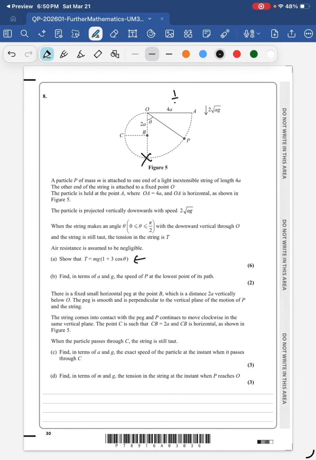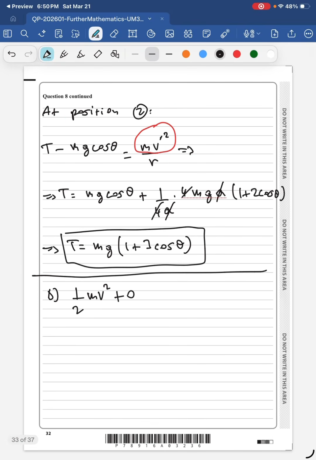I'm taking 1/2 mv squared with this velocity, and then we take the GP to be 0 up there. GP is 0, becomes equal to 1/2 mv, let's take it to be double prime squared, minus the potential energy, which is minus mg times 4a.